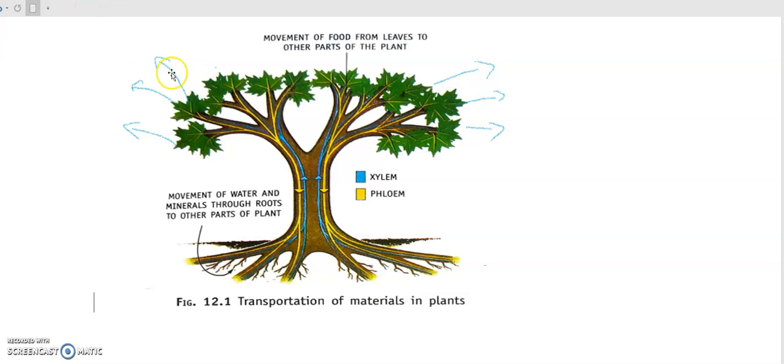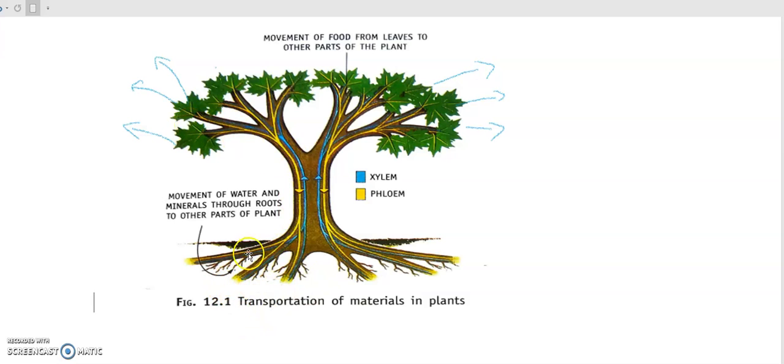Because the water is being transpired here, because of this evaporation process, there is a continuous flow. It's like a thread. Just imagine this blue line is a thread. If you pass the thread from here and take it out from here, then naturally the thread would go out and it will continuously come here like this.